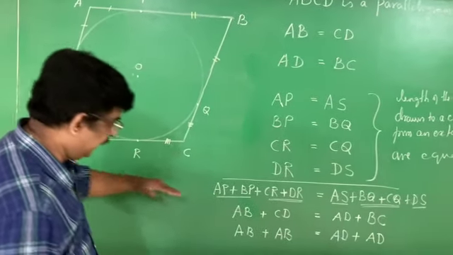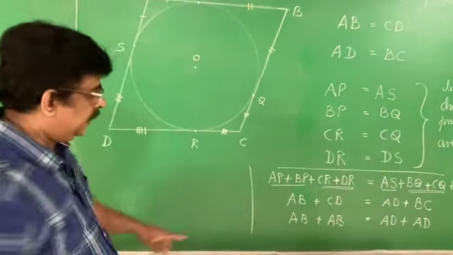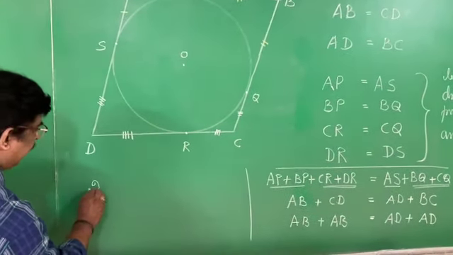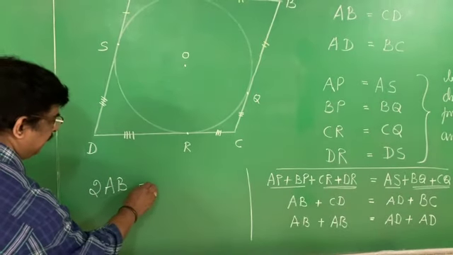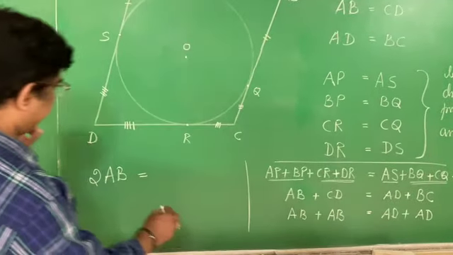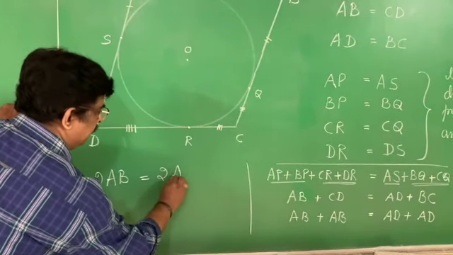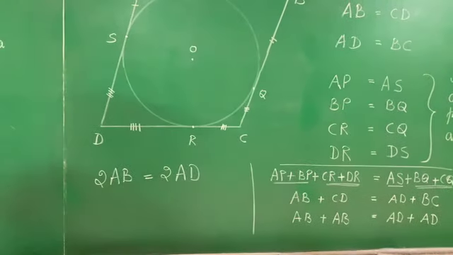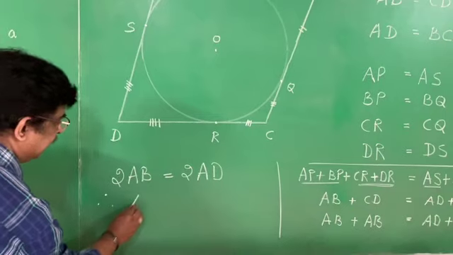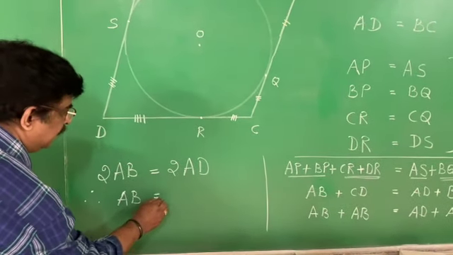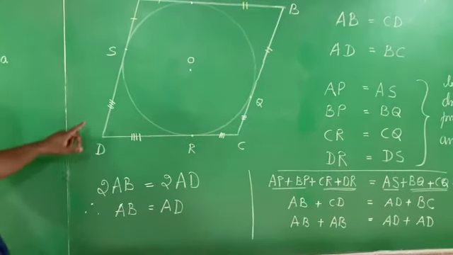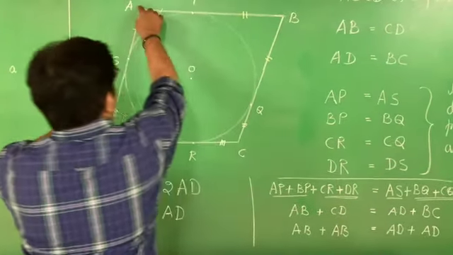Now, AB plus AB is 2AB, which is equal to AD plus AD, which is 2AD. Now what happens? 2AB is equal to 2AD. Therefore, AB is equal to AD.